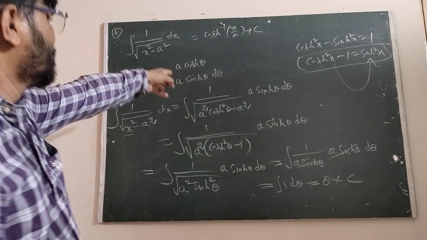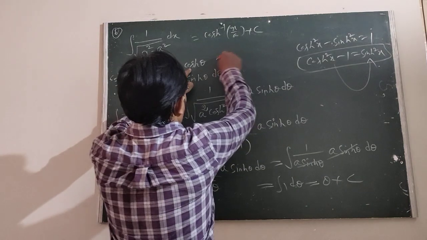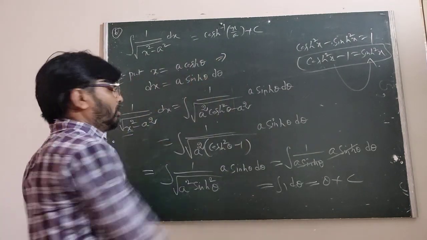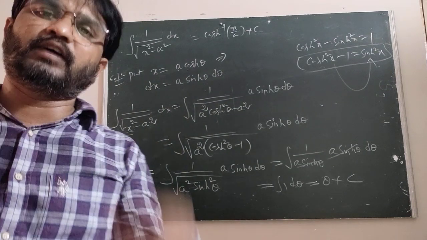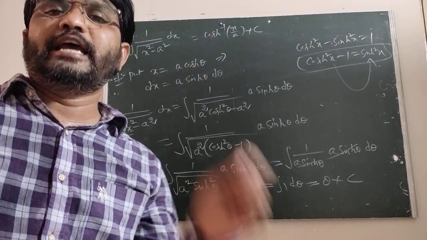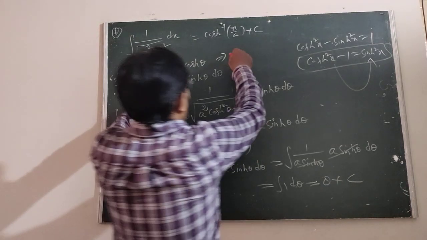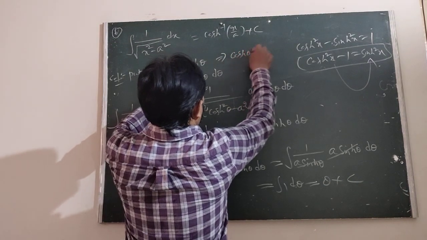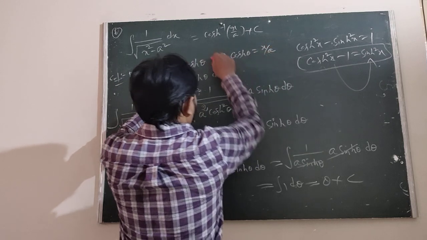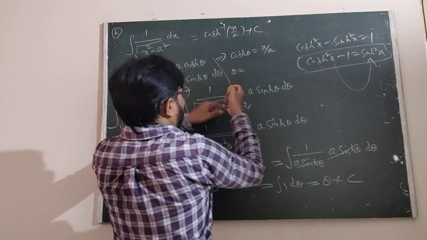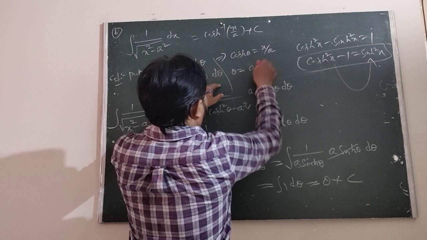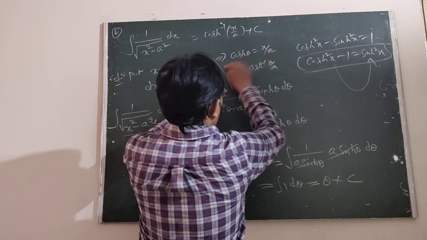Initially we took x equal to a cosh theta. Therefore cosh theta equals x by a. Cosh moves to the other side, so theta equals cosh inverse of x by a.